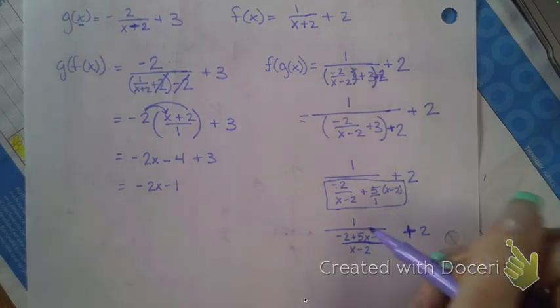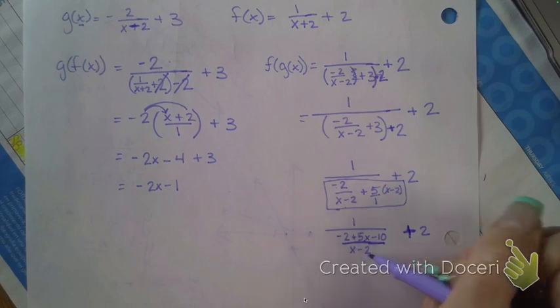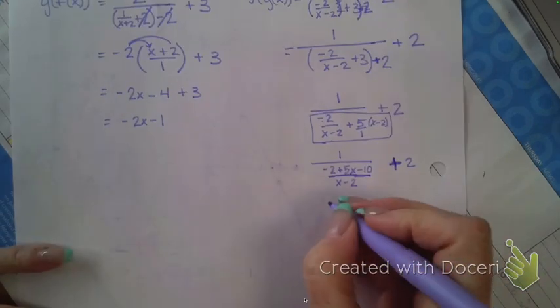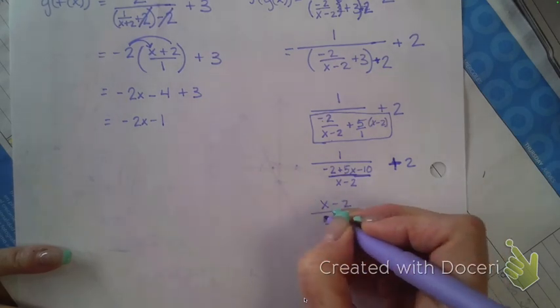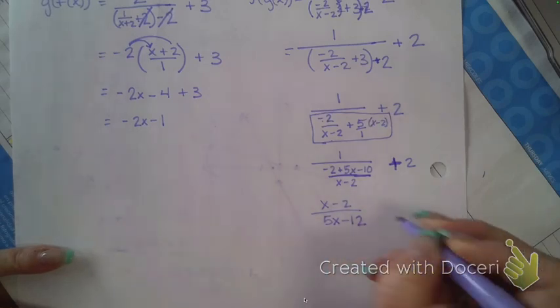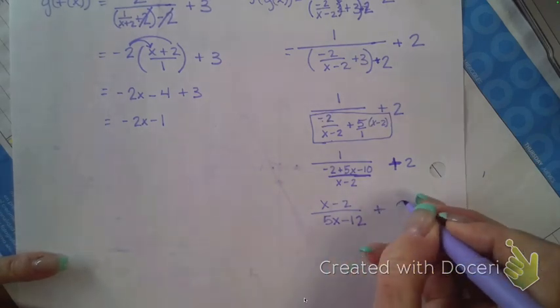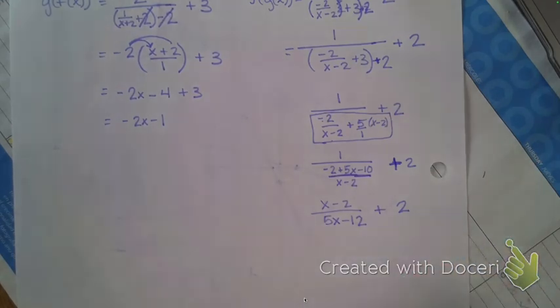No. So now I have 1 divided by this. Well, that's just multiplied by the what? Reciprocal. So I have x minus 2 over 5x minus 12. Where to get minus 12? 10 plus 2. Plus 2. Well, then I got to get common denominators again. Yes?